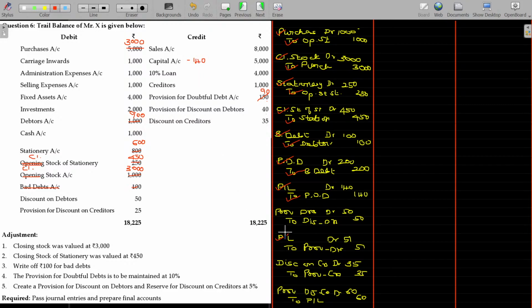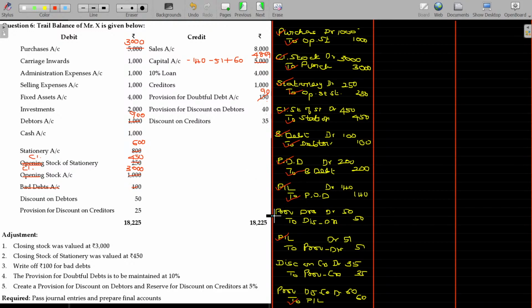And another P&L account is also there in the debit side, that should also be subtracted, which is 51. And another P&L account is also available here, 60 in the credit side, that should be added. Credit means added, debit means subtracted. If you do all these adjustments, what could be the closing capital balance here? 4,869 will be the answer.